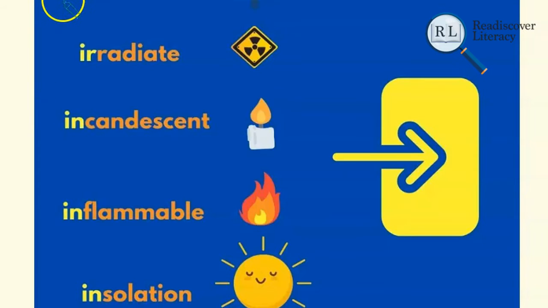So in all of these words, we have in at the beginning. And as you can see, it undergoes the same changes as it does when it's a negative prefix in. But in this case, it's not a negative prefix.